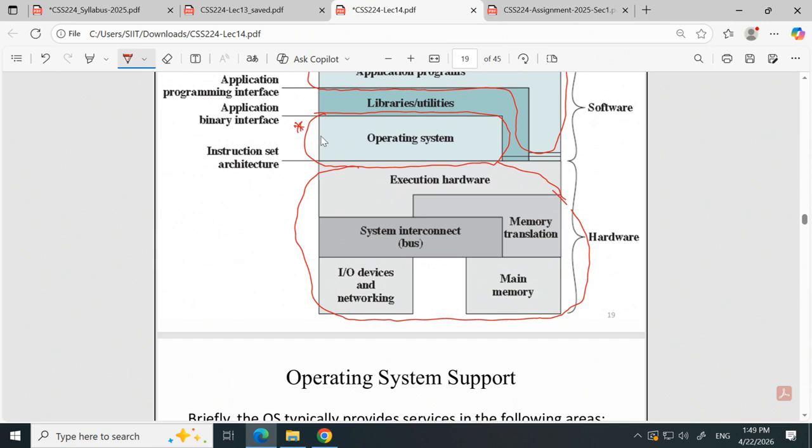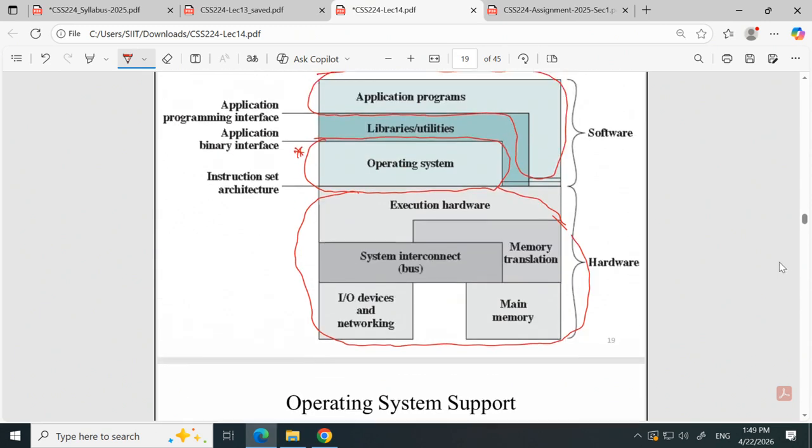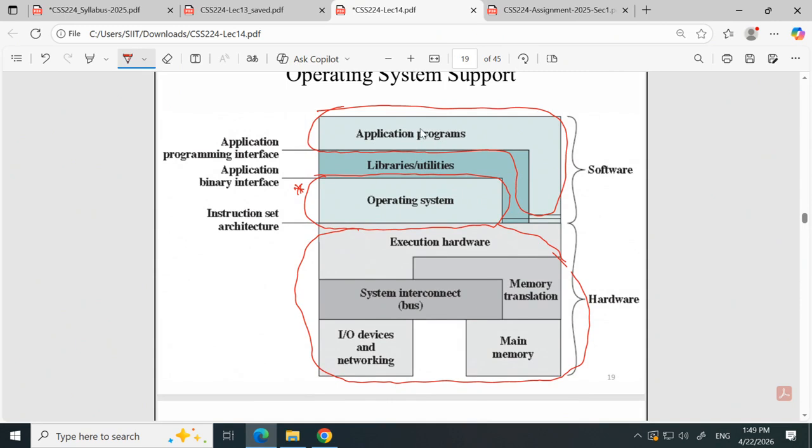Operating system is the middle guy, right, between applications software and the hardware, which is a computer.